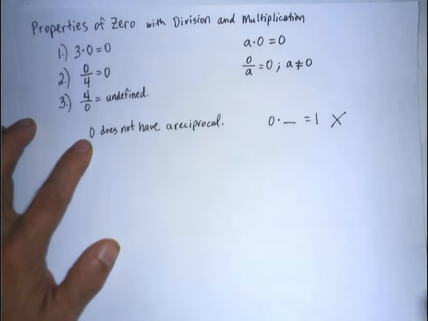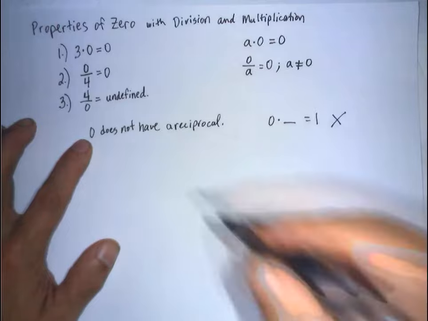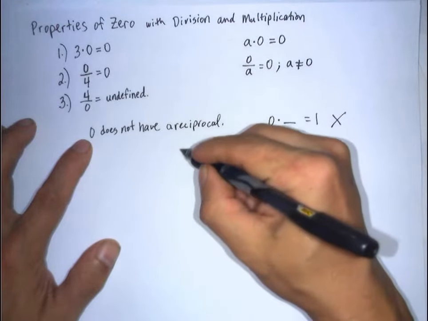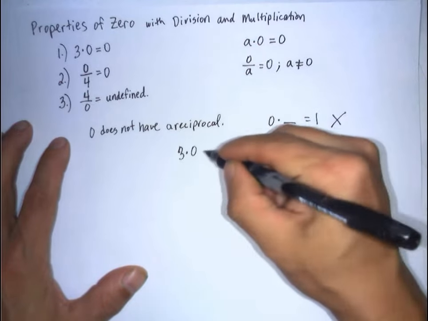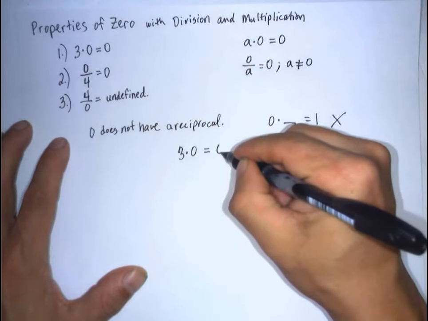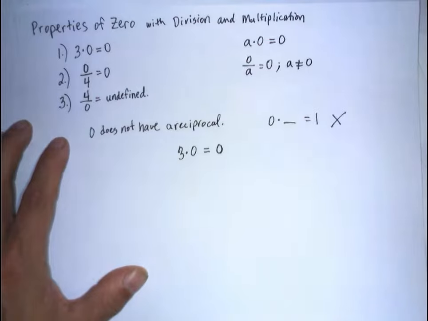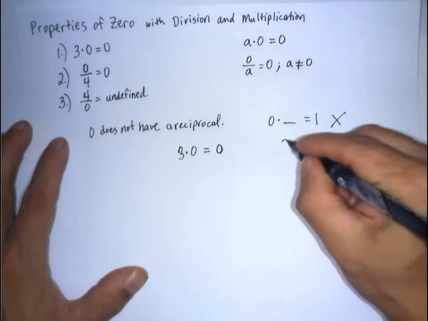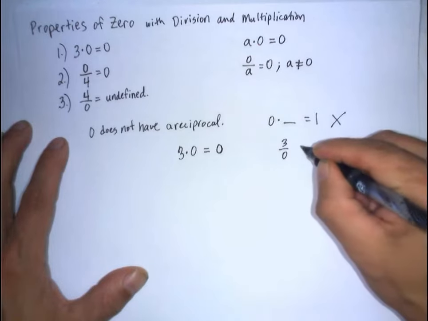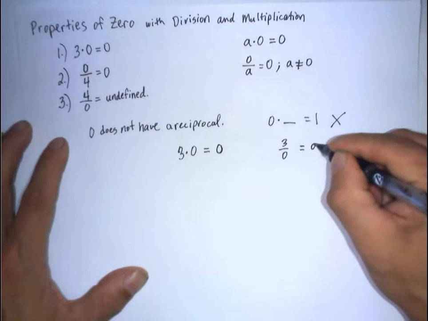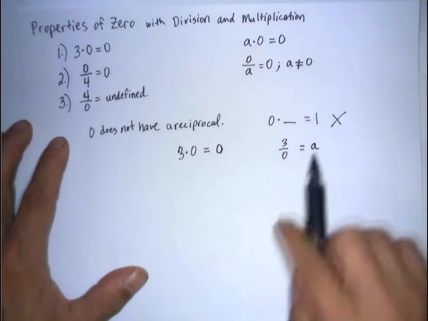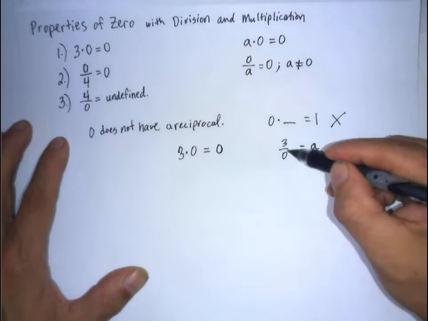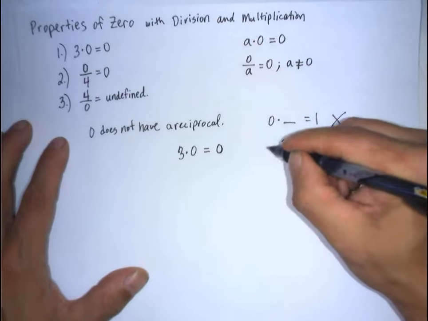And another way of saying this is algebraically. Let's say we define that up here we said 3 times 0 is equal to 0. Well, if I said 3 divided by 0 is equal to some number, the opposite of dividing by 0 would be multiplying by 0, which is okay.